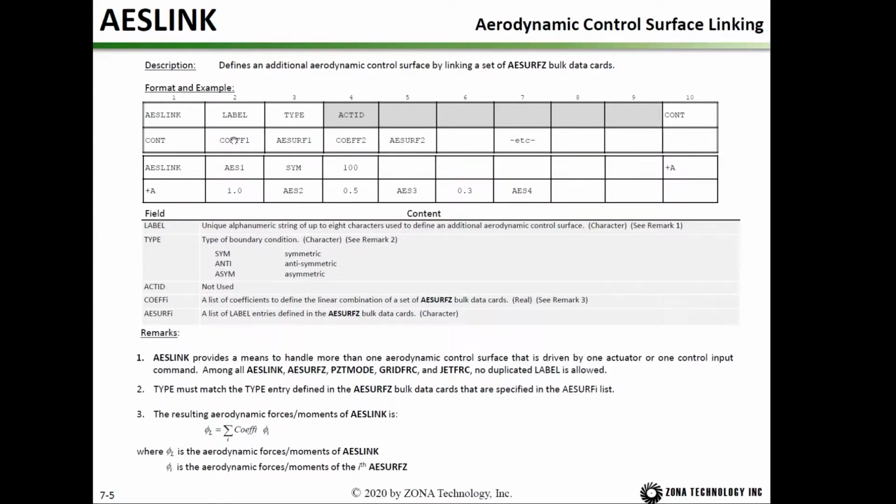You give a coefficient, you refer to the label of the ASET2 card, and then you give another coefficient and another name of another control surface. So the AESLINK will create a new control surface mode by superimposing those control surface modes together and multiplying by the coefficients.